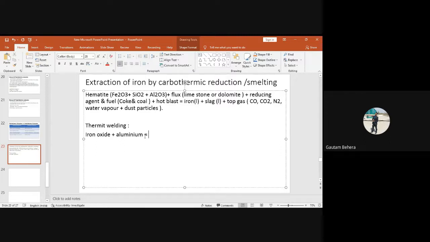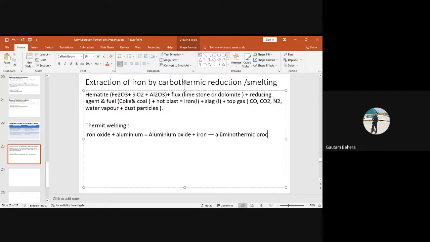They will react, the reaction will get initiated and it will give you aluminium oxide plus iron. So you can see this is the metallothermic reduction process because we are using a metal, that is aluminium, as a reducing agent. We want to reduce our iron oxide to iron, right?